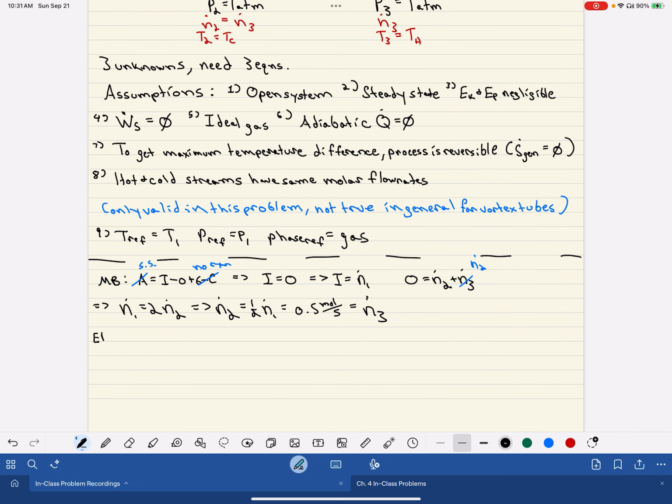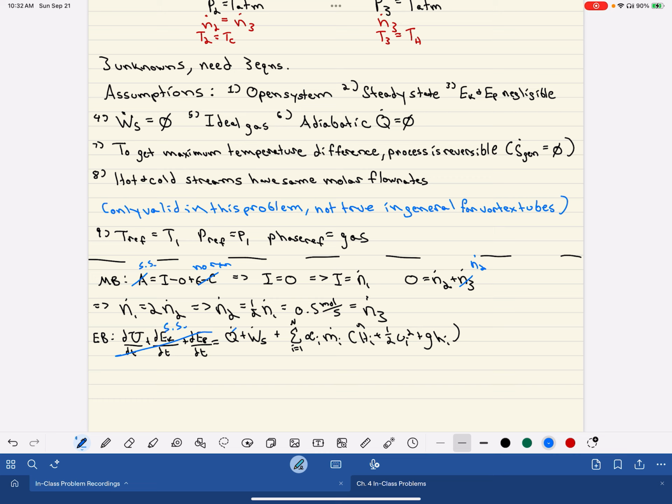Let's now proceed to our energy balance. Open system energy balance. Steady state, whole left side goes away.